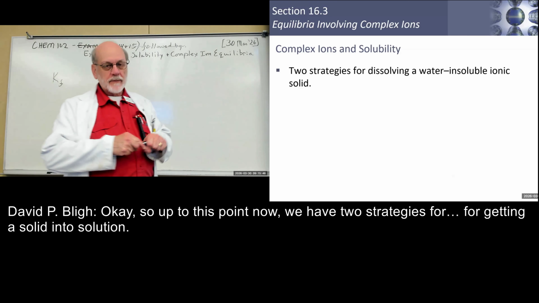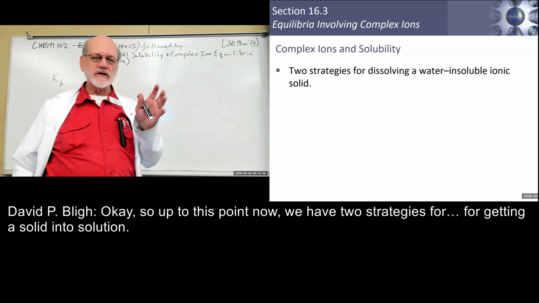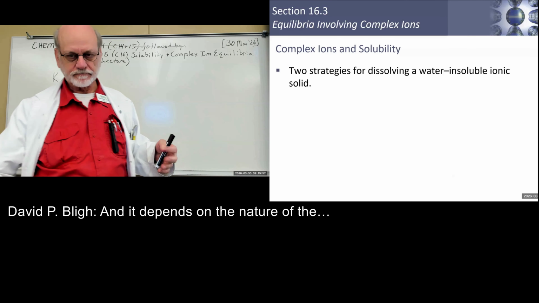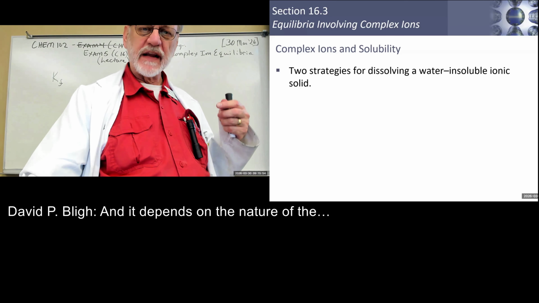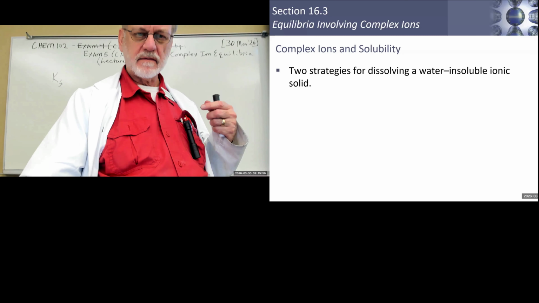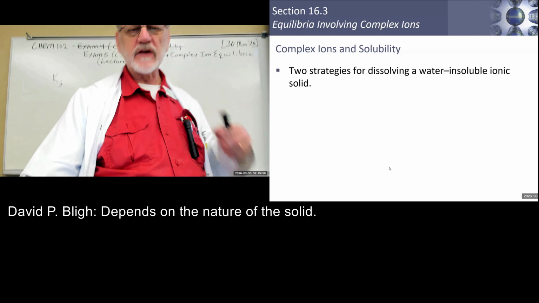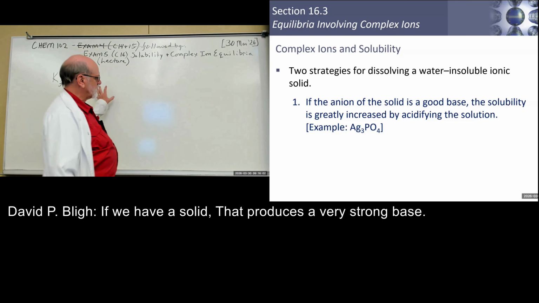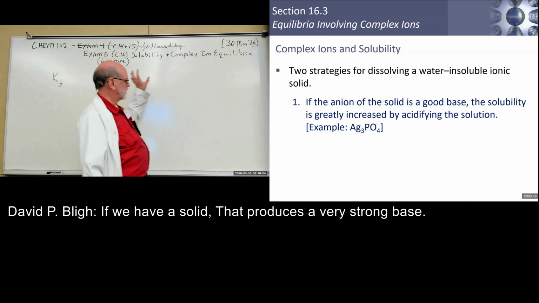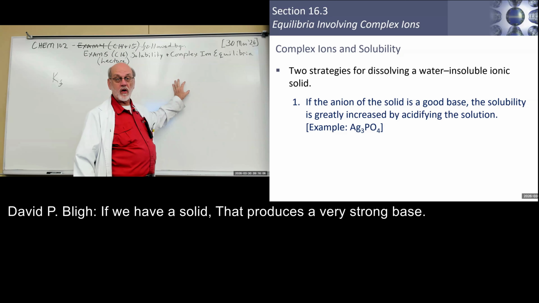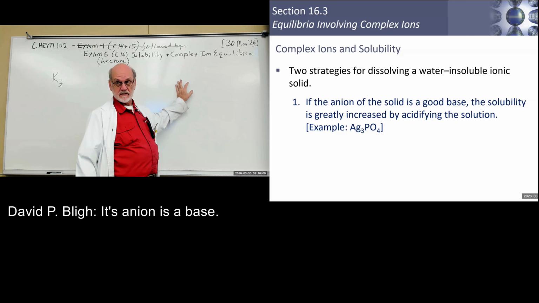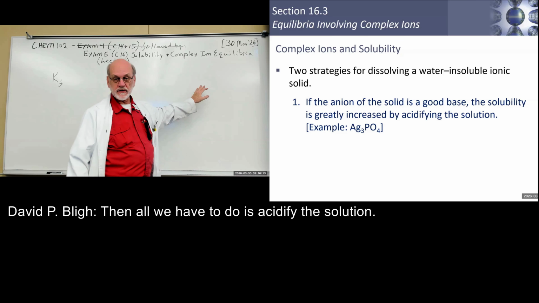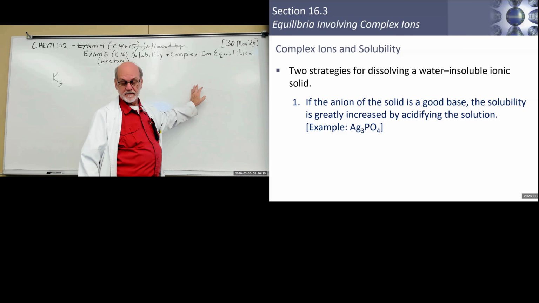Okay, so up to this point, we have two strategies for getting a solid into solution. And it depends on the nature of the solid. If we have a solid whose anion is a strong base, then all we have to do is acidify the solution.